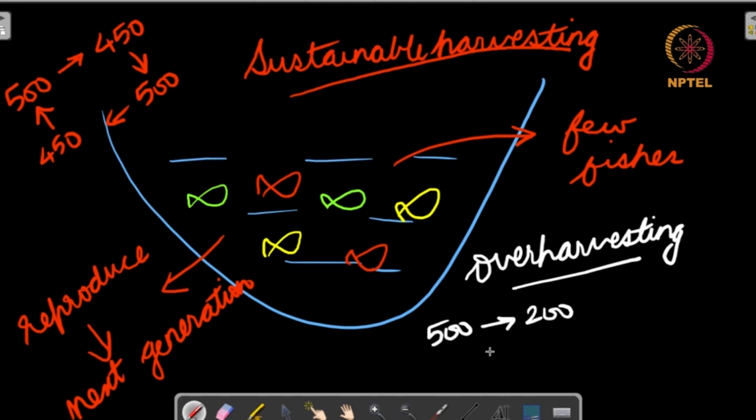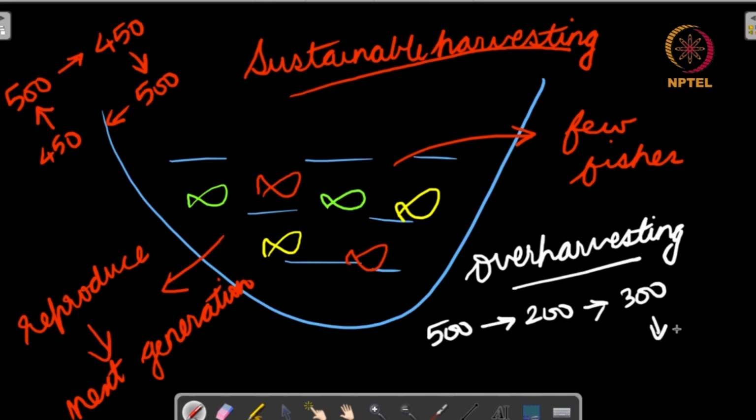Because remember that at every stage there are also other organisms that are eating these fishes. The fishes are also dying because of natural causes. So if we bring them to a population which is 200, then after some time the population increases and say it becomes 300.